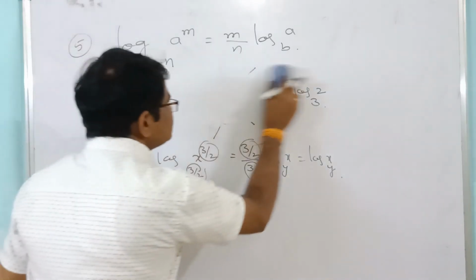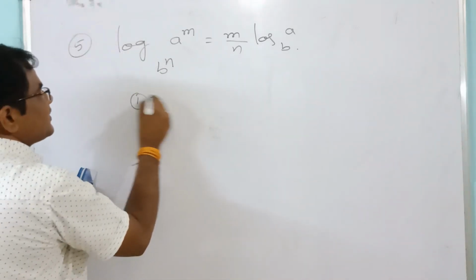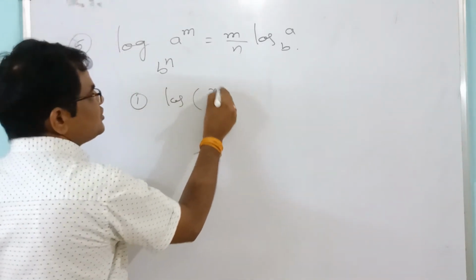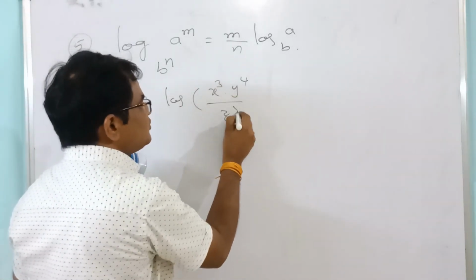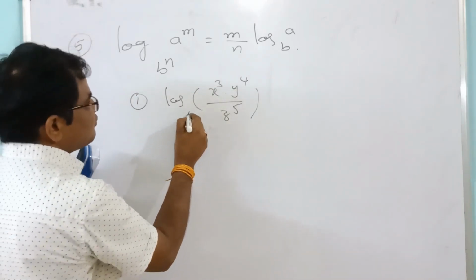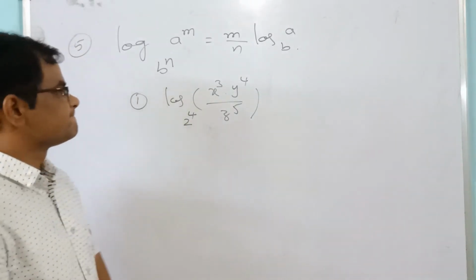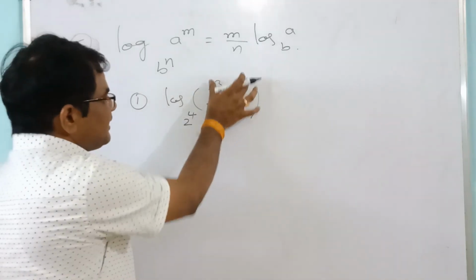Next, take one more example like this. Log of x to the power of 3, y to the power of 4, z to the power of 5 to the base 2 to the power of 4. How to get it? First, we have to apply the m by n formula.